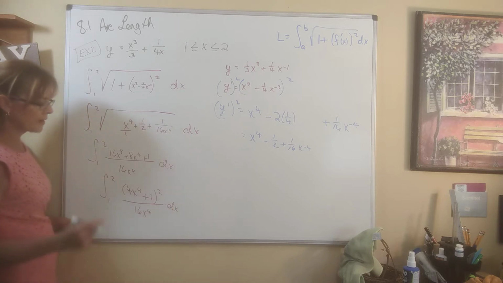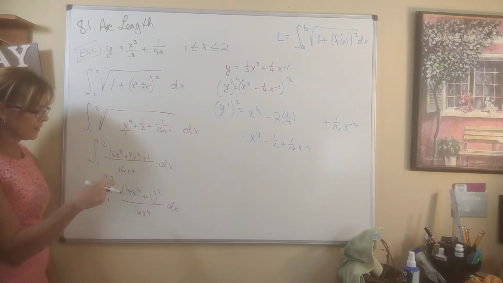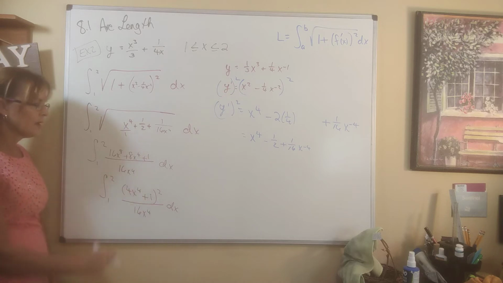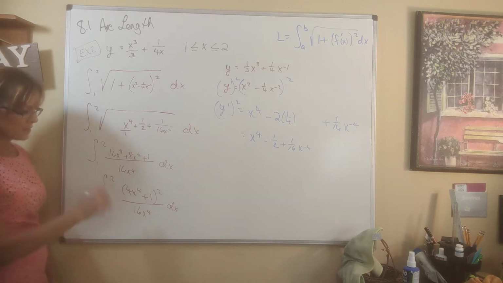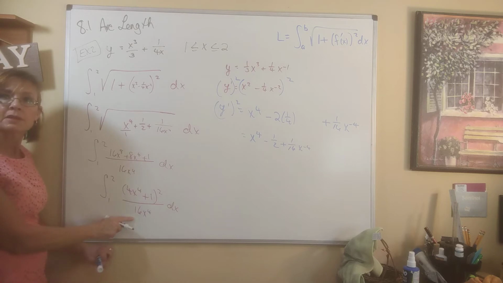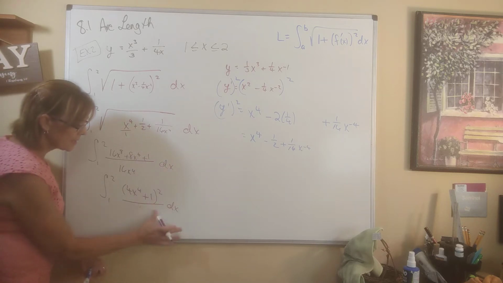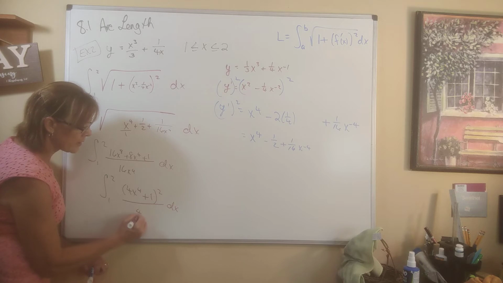Now, whenever I factor, I multiply it in my head or on paper to make sure. So that's 16x to the 8th plus 2 times 4x to the 4th plus 1. Yep, that works. Now, I can also take the square root of 16x to the 4th.